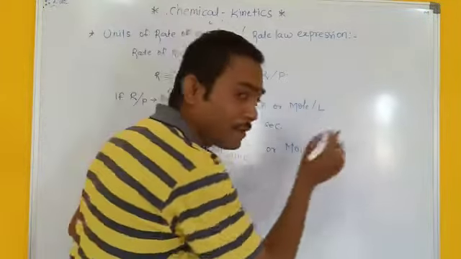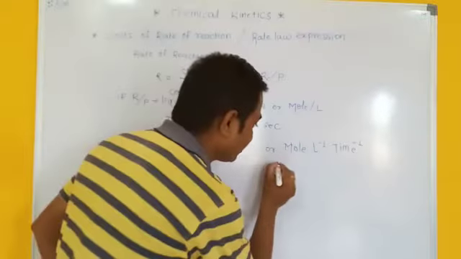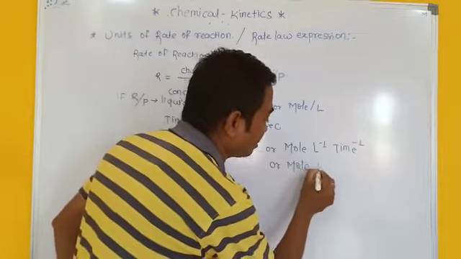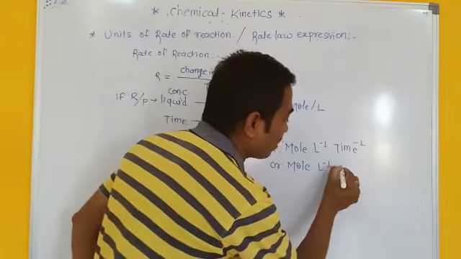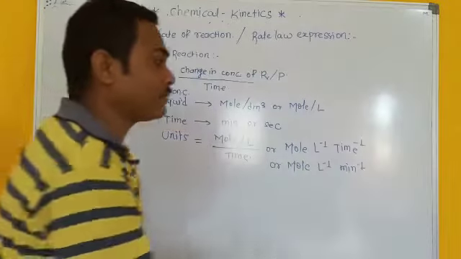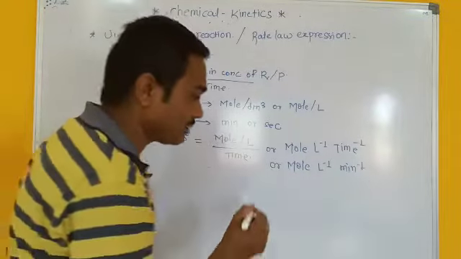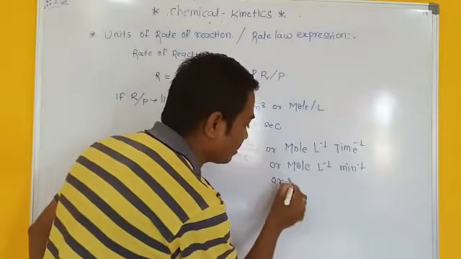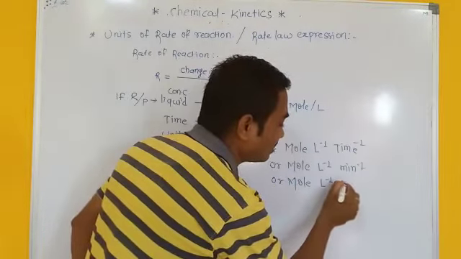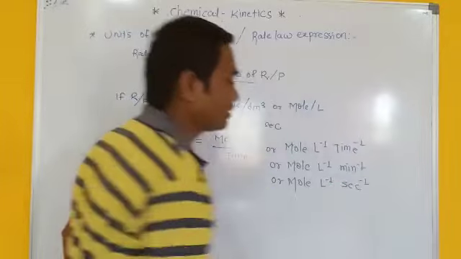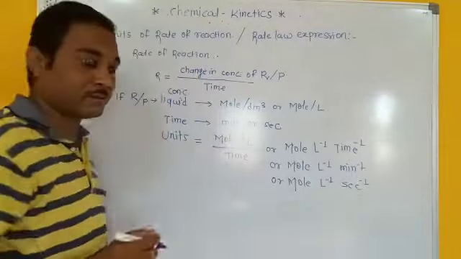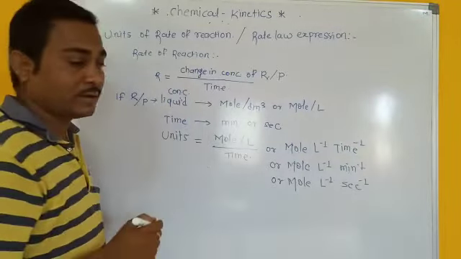If we put time as minute, the unit is mol L⁻¹ min⁻¹. If we put time in second, then the unit becomes mol L⁻¹ s⁻¹. All three units can apply for the rate of reaction.